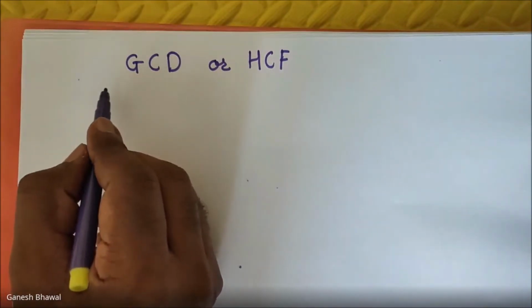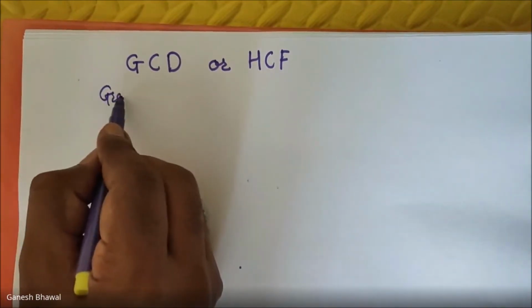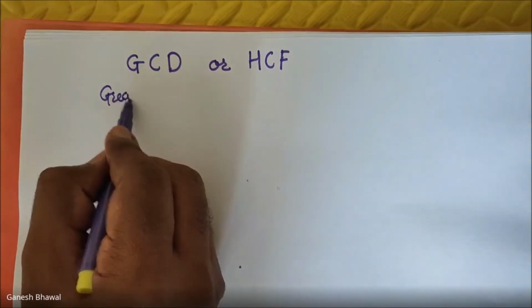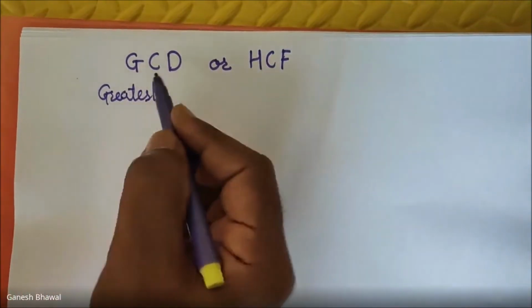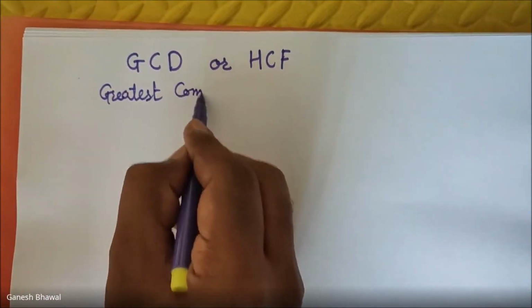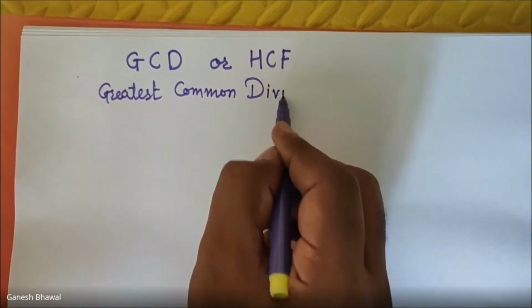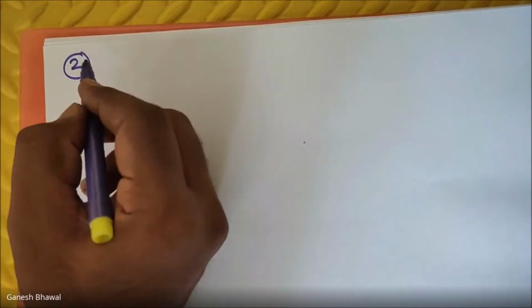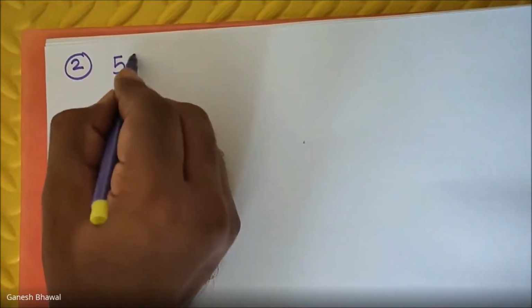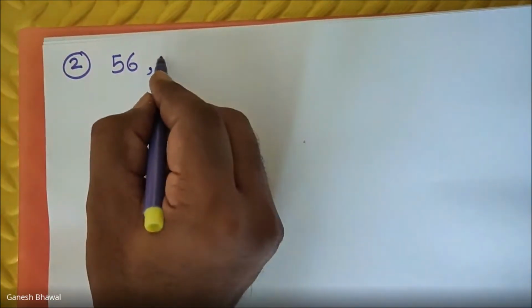Write down the full form. Two numbers, 56, 32.